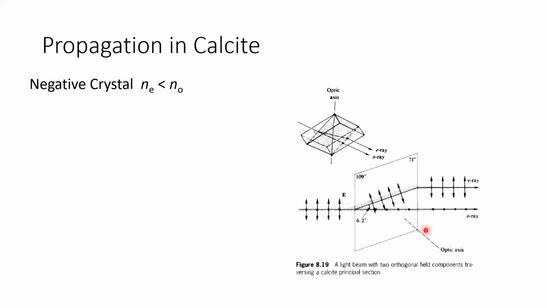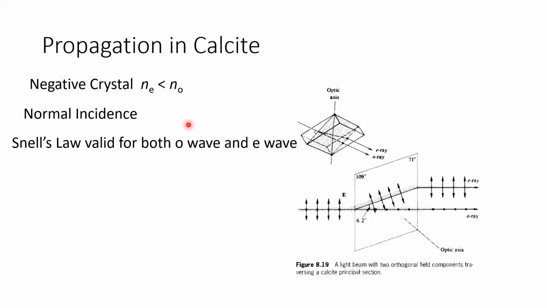And from geometry, one can work out what will be the angle between K and optic axis. That angle is theta. Okay. So you put that angle in that expression, you will get the value of alpha. Since it's a negative crystal, the alpha would turn out to be negative, which tells you that S would be closer to optic axis than the K.